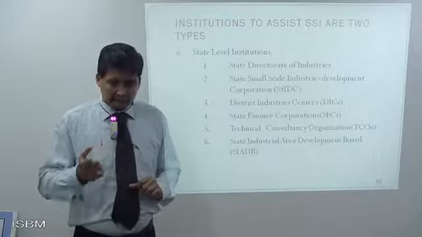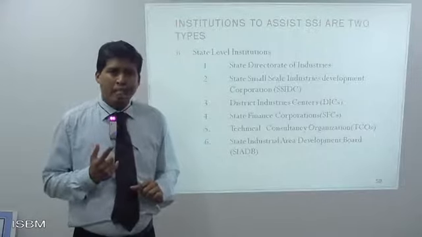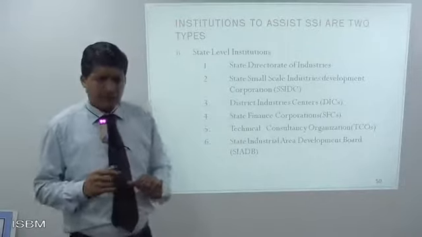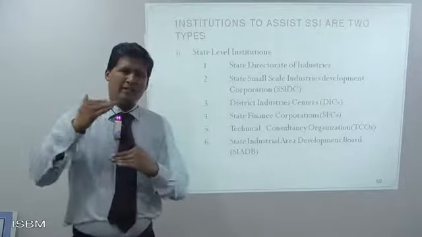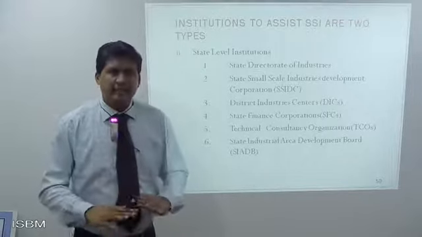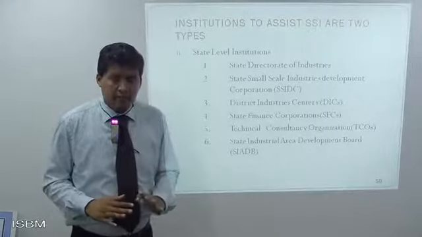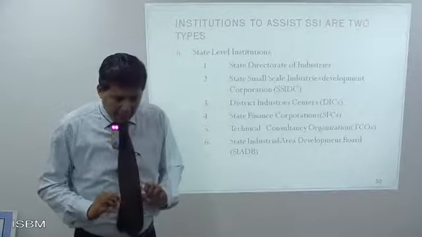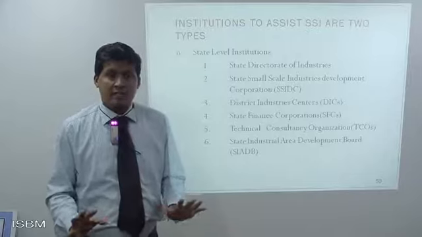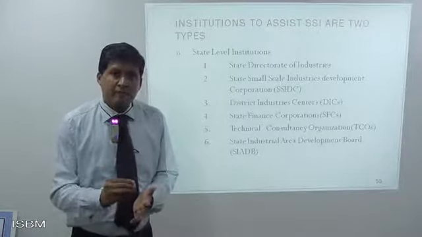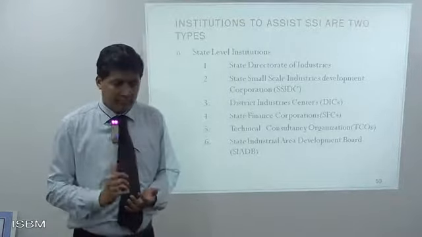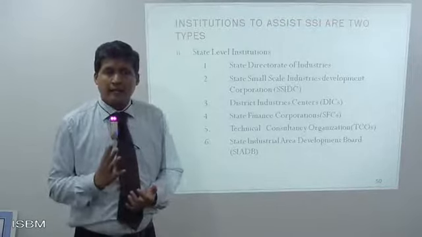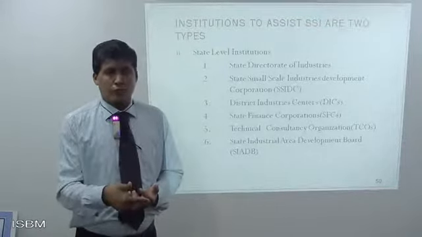Now, the reason why this is there is for the simple reason, since there are two bandwidths, state level bodies or institutes can have a better reach and penetration, can identify local challenges, can identify local resources well, can give local solutions also.